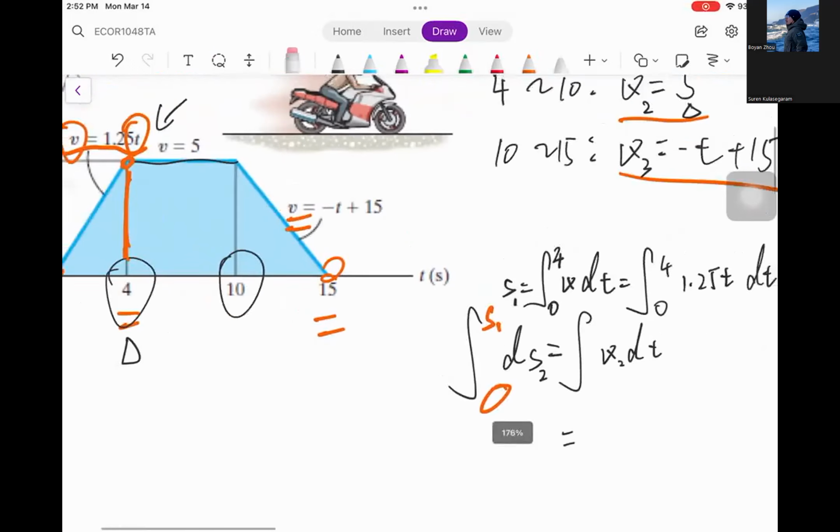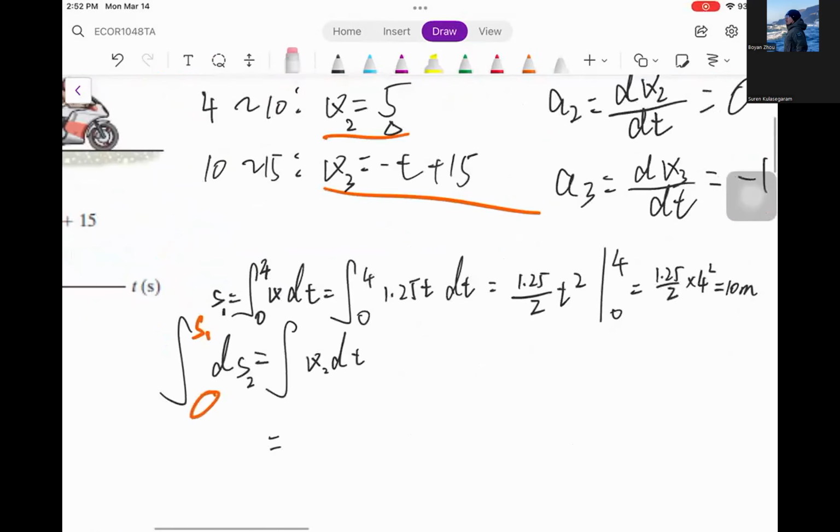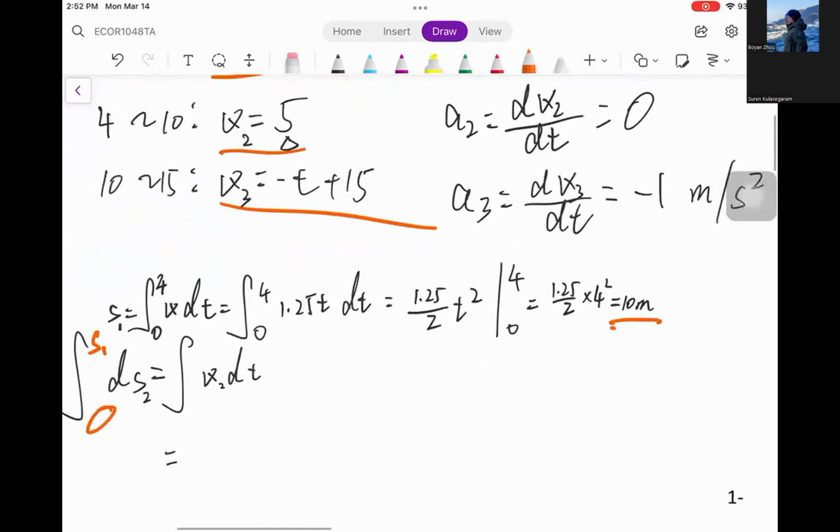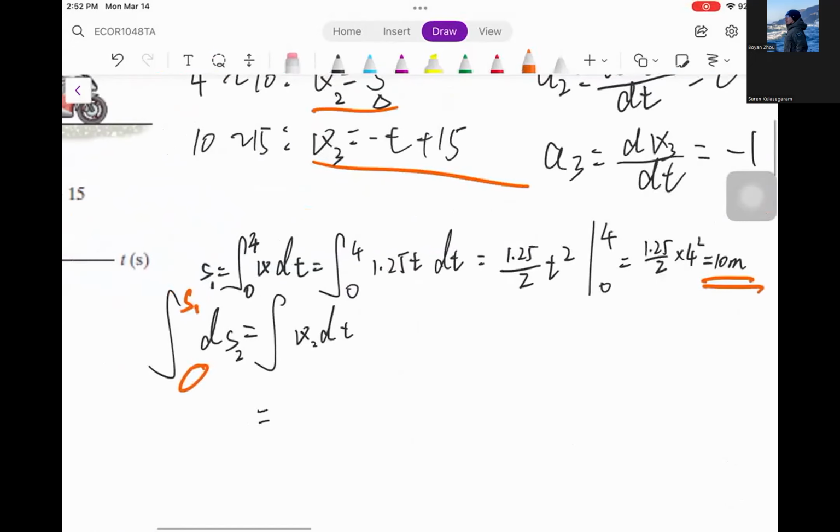So what's the value? It's the value we found over here. So the boundary on the left-hand side should be from S1, which is 10, to S2, and S2 is the one we're looking for.